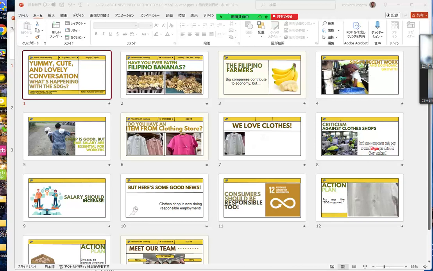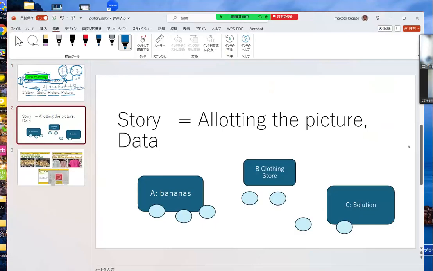Second, Japanese friends are very easy to handle by using the clothing store, Uniqlo or Zara, a lot of companies. And this cheap labor is also a very important issue when we talk about the story.